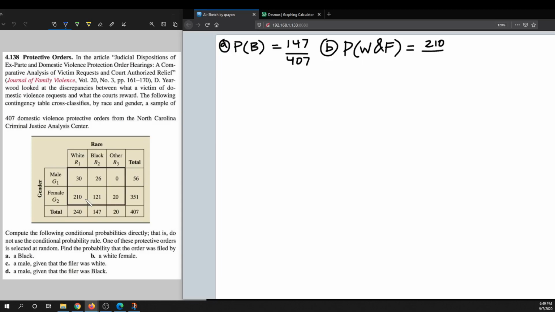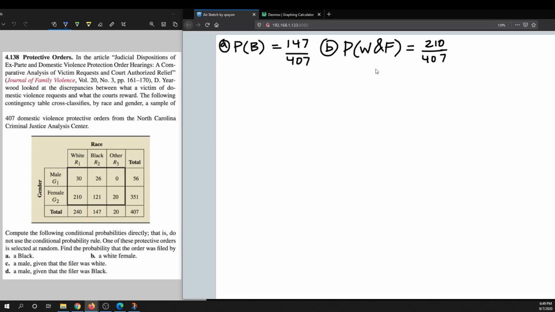And then, so that's the number of cases where the person is white and female, and then the total is 407. That's the number of cases in our sample space. So we get 210 over 407. Again, that is not a conditional probability. That's a probability like we've been calculating in the previous section.